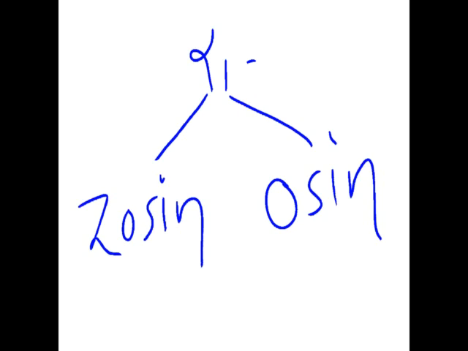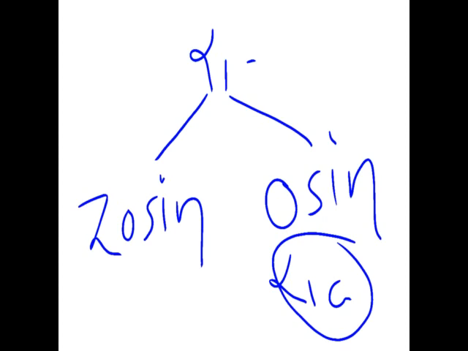Okay, now we will see one by one. The zosin structures are useful as vasodilators, and due to the vasodilation they decrease the blood pressure. So generally these drugs can be used as antihypertensive agents. While these osin-containing drugs, tamsulosin and silodosin, selectively block the alpha 1A receptor, and are used in the treatment of BPH, benign prostatic hyperplasia.